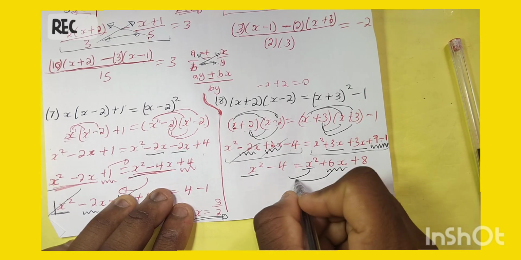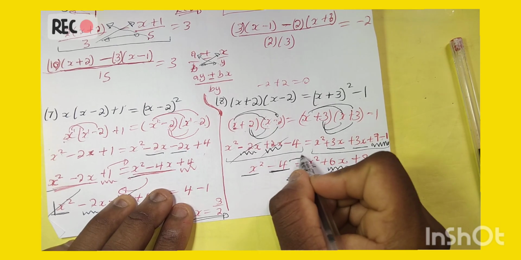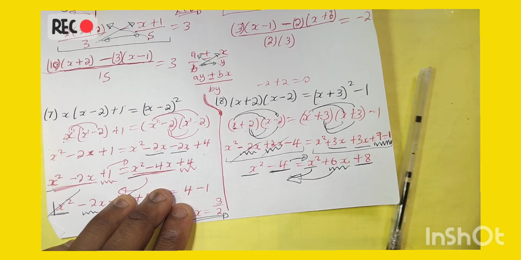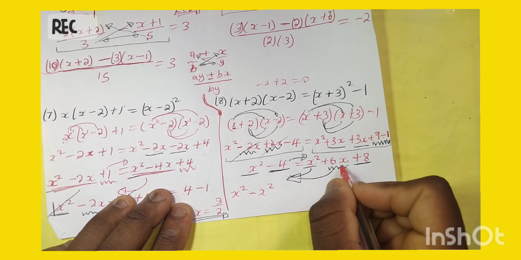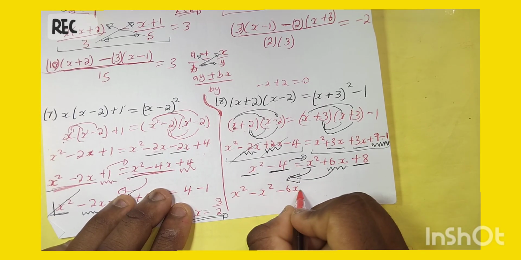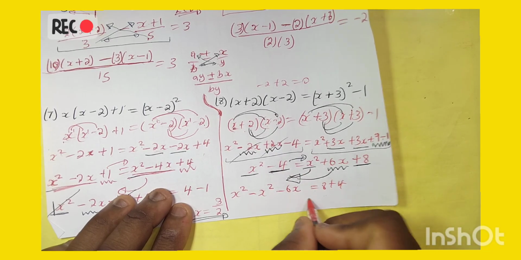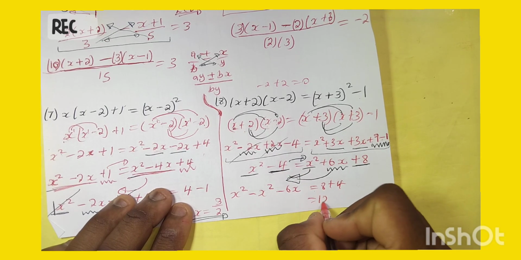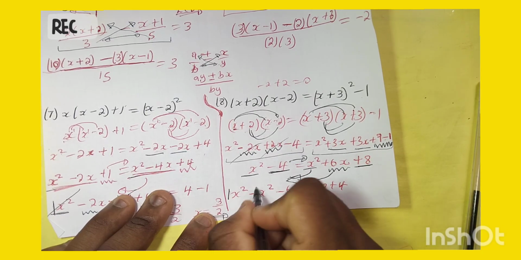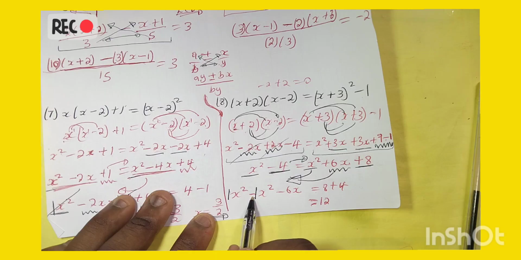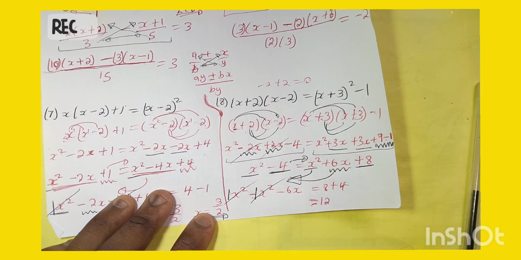So I will take everything that has x on my left hand side and take the number to the other side, so that this is x squared, this will be minus x squared, that will be minus 6x there, and this will become positive 4, meaning this will give me 12. And these two things, guys, they are like terms, they got 1 here, meaning 1 minus 1 will give you 0, meaning that these two things cancel.